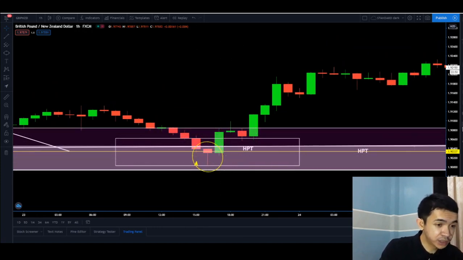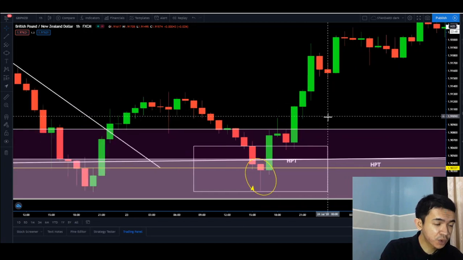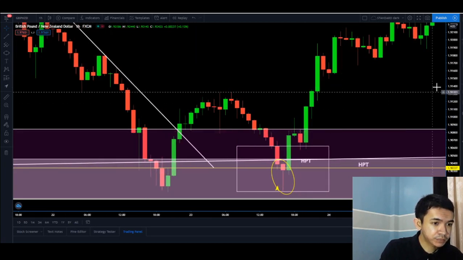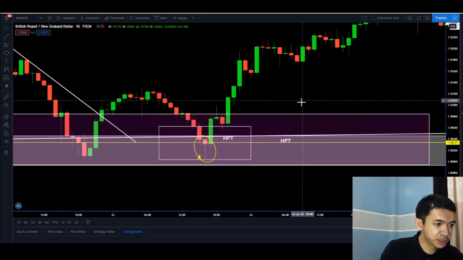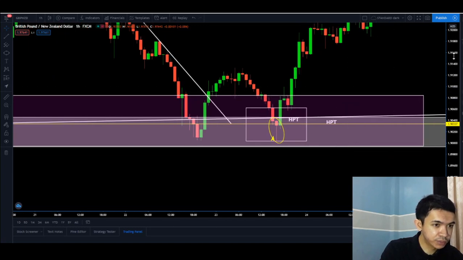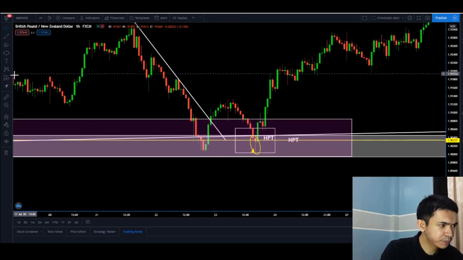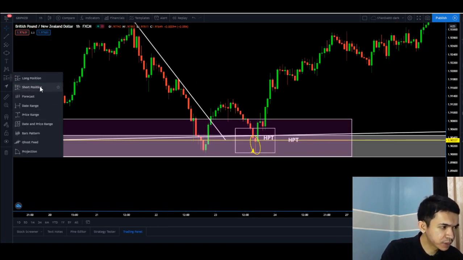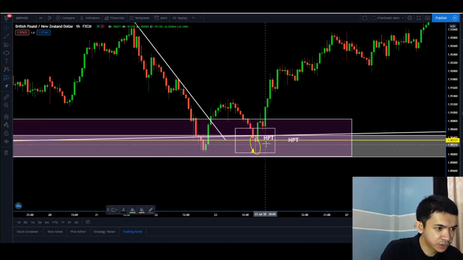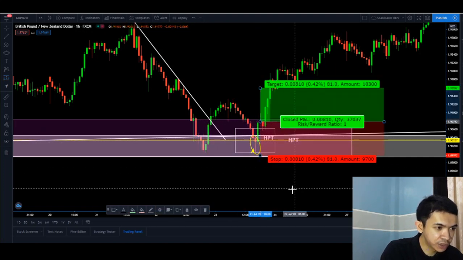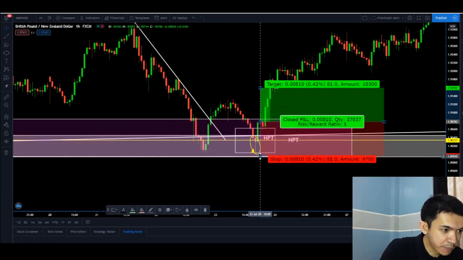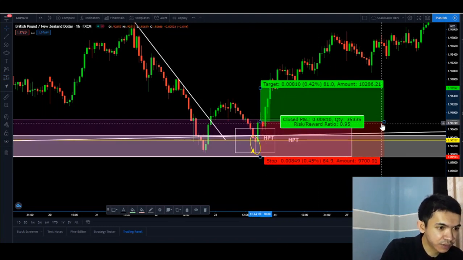Am I going to take the trade now at an H1? I can still improve my stop loss, right? If I'm going to enter now, my stop loss will be like this. Long position. If this candle already happened, and then I saw this bullish candle as an engulfing, definitely my entry will be like this, right?